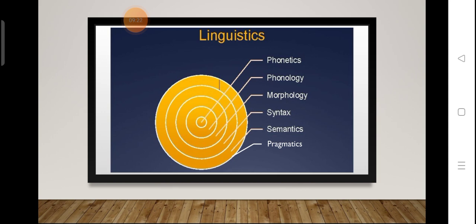For example, there is a very famous sentence by Chomsky: colorless green ideas sleep furiously. This sentence is grammatically correct, or it is in the proper syntax. Words are arranged according to the subject, verb, object form. But this is a meaningless sentence.